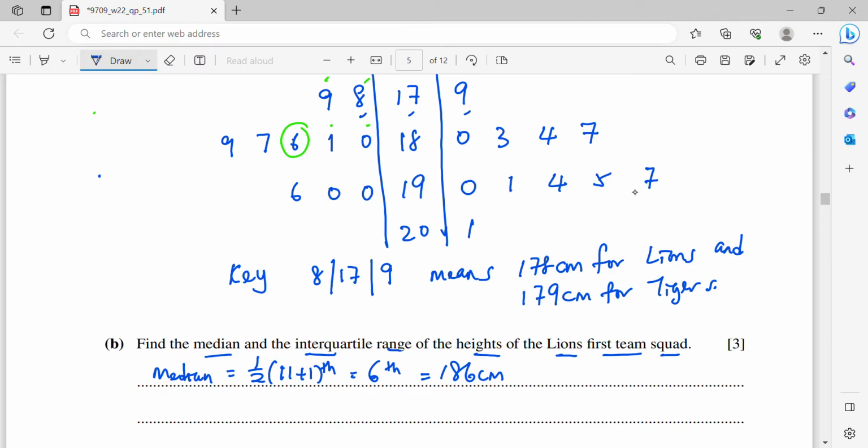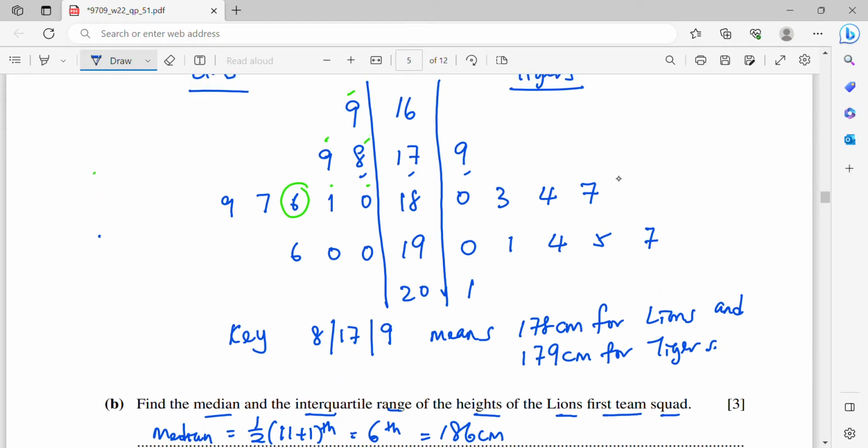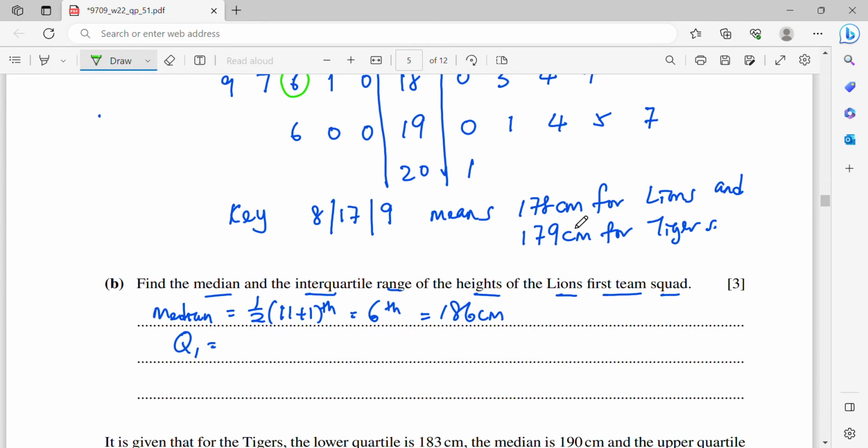Then for the interquartile range, we need to get Q1 and Q3. Q1 is basically the first quarter, which means the median of the first half. When you look at the first half, you have 5 data: 1, 2, 3, 4, 5. The median of these 5 will be data number 3. So this is going to be Q1, 179.